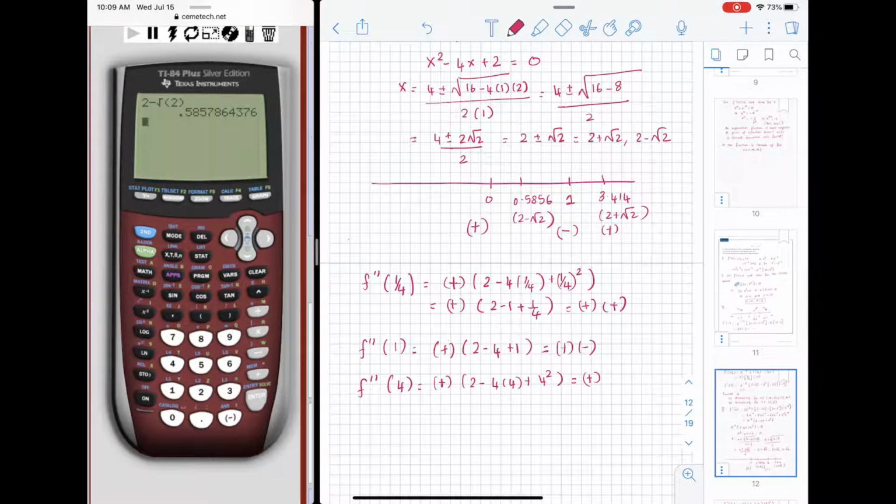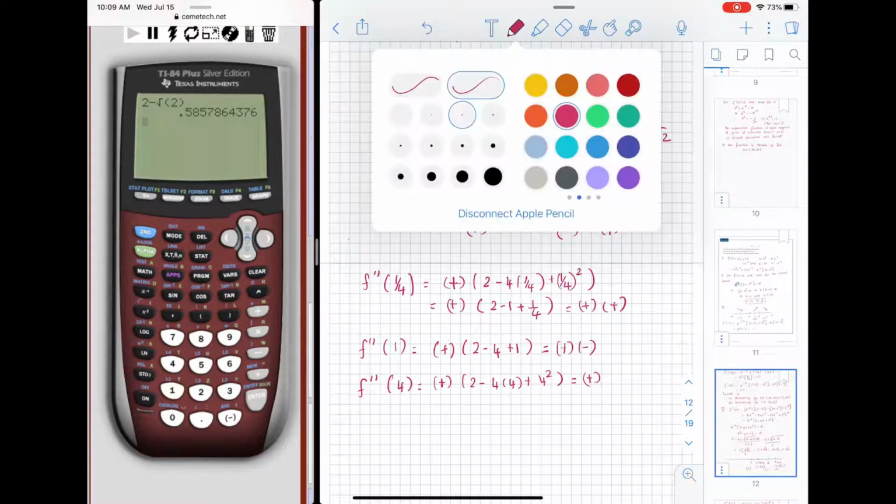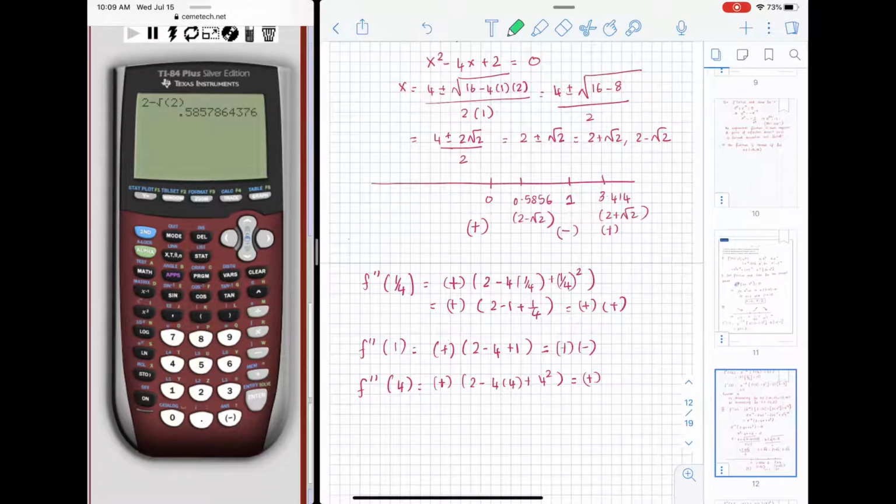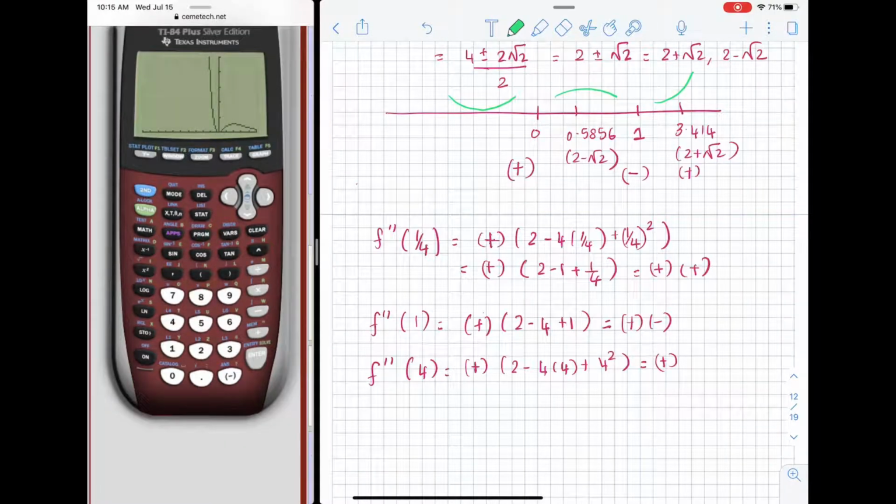So it seems like the function is concave up, then concave down, then concave up. And that is our conclusion. And that seems to agree with what the first derivative test is telling us. So the first derivative is in agreement with the second derivative.